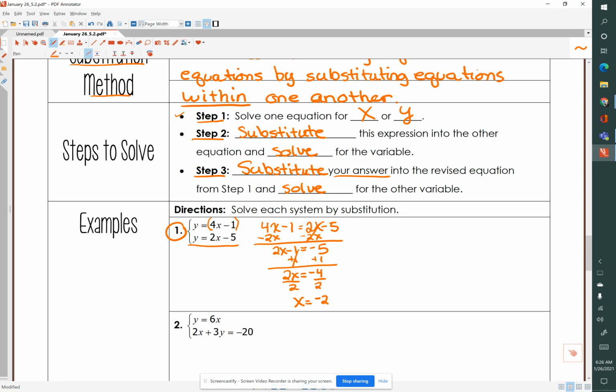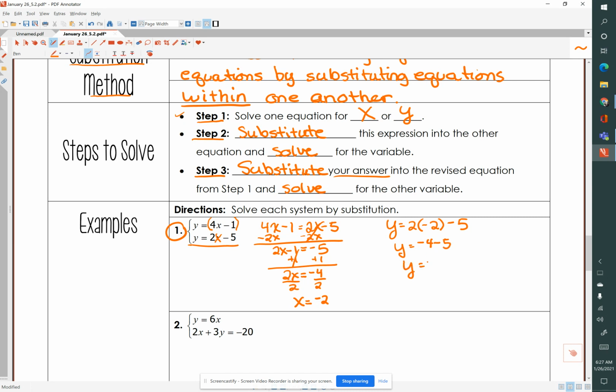Now we're at step 3: substitute this answer into the revised equation and solve for the other variable. So I'm going to take this negative 2 and substitute it for x. I'll use that second equation. So y equals 2 times negative 2 minus 5, and negative 2 times 2 is negative 4, minus 5.